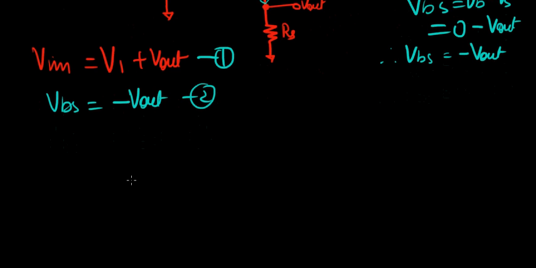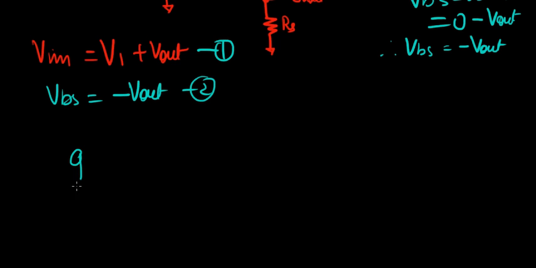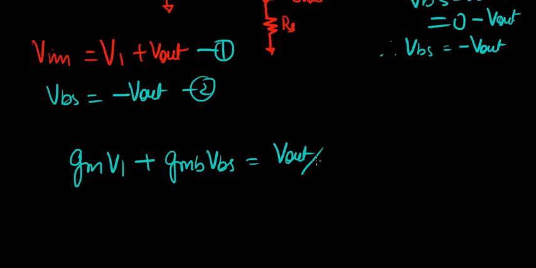So we can have GMV1 plus GMBVBS equals V out over RS. It would be great if you're writing along with me so that you're not missing out, because I keep going up to the diagram, and if you have it handy, it'll be really helpful.